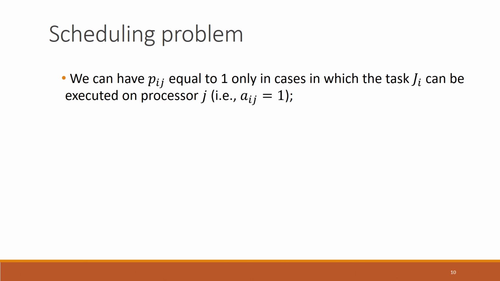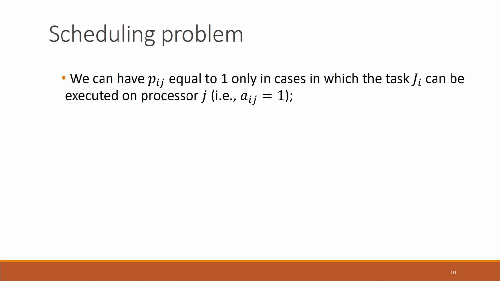And only if Aij is equal to 1, then you can process task Ji on the processor j. So, when we are solving this optimization problem, Pij should only be 1 in those cases where Aij is equal to 1.